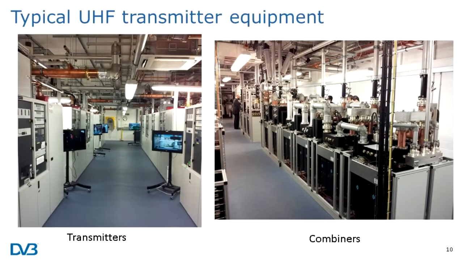There's an awful lot of plumbing, and it's quite precise because the characteristics of this combining unit are very well defined. Its purpose is to bring the power of those transmitters all into one feeder that then goes up the mast to the transmitting aerial, and also at the same time providing isolation so that the output power, or very little of the output power of one amplifier, finds its way back into any of the other amplifiers, where if you put much power in that way, you get an awful lot of intermodulation and all sorts of unwanted effects going on.